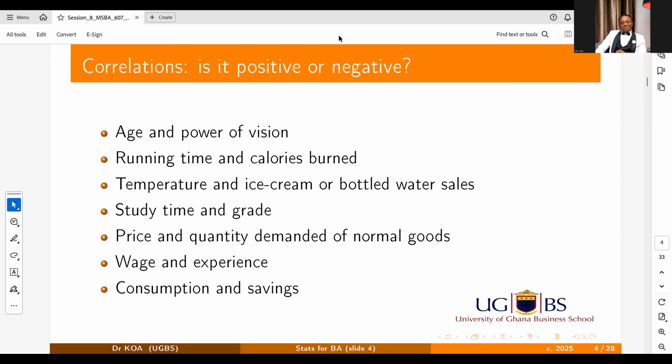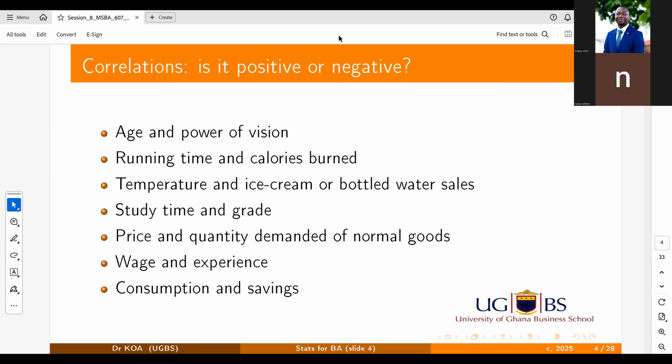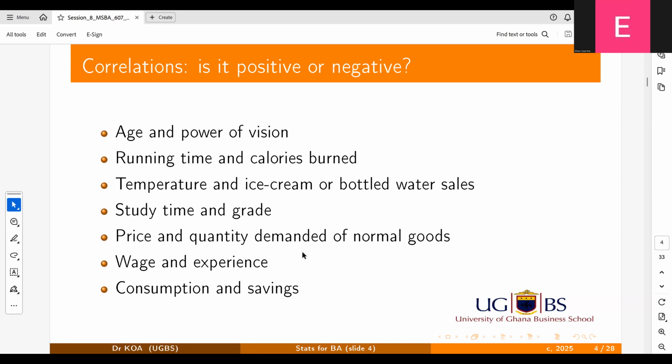Positive. Now, consumption and savings. Negative. All right. You should have these things in your mind.